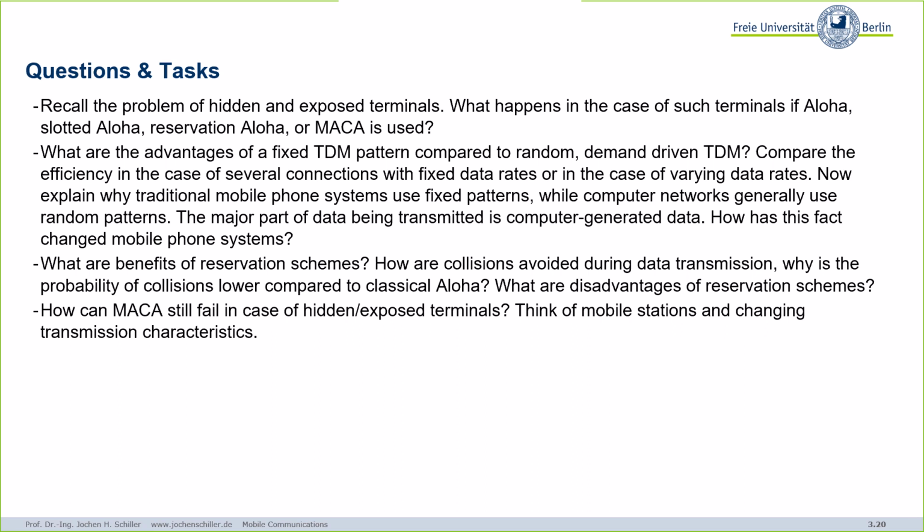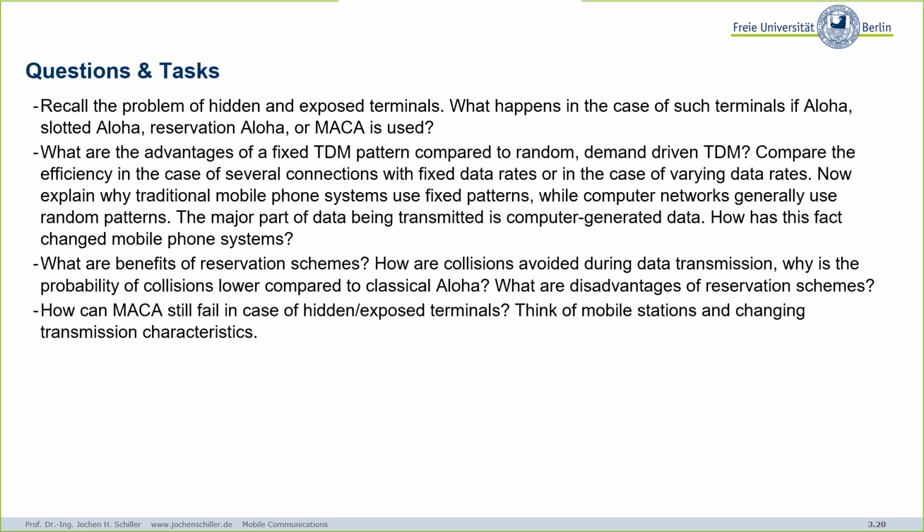Then you understand also the shift in the mobile phone systems. As you will learn in chapter 4, we started with GSM, fixed patterns, mainly geared towards voice traffic. And then suddenly we have this computer-generated email, whatever, messaging, all these things, video download.